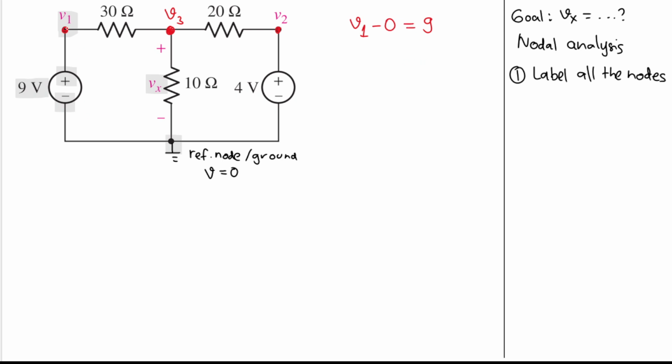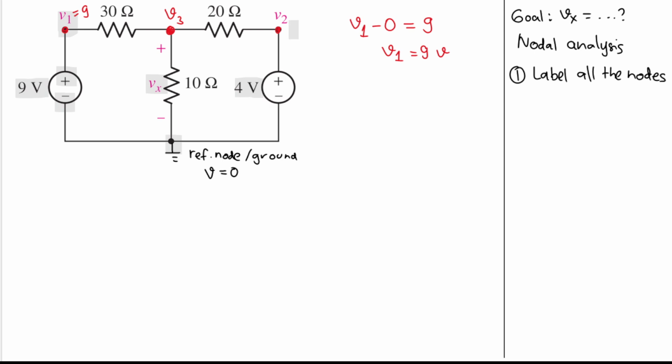The difference between V1 and 0 is 9. That is the logic, so we can simplify this. We will have V1 equal to 9 volt, which is nice because we now know this node is 9 volt. Good.